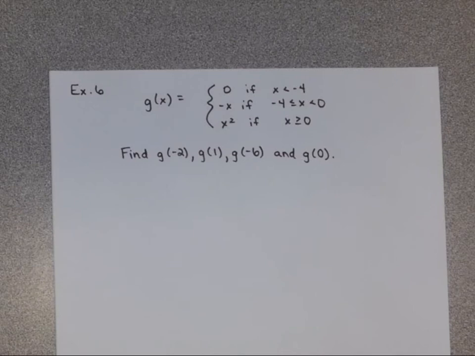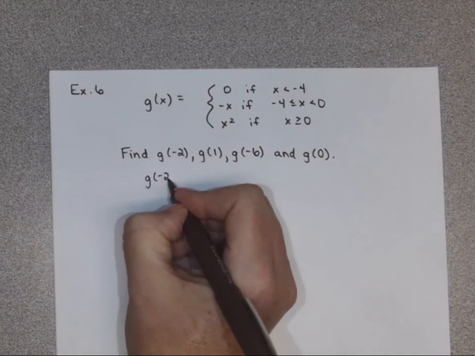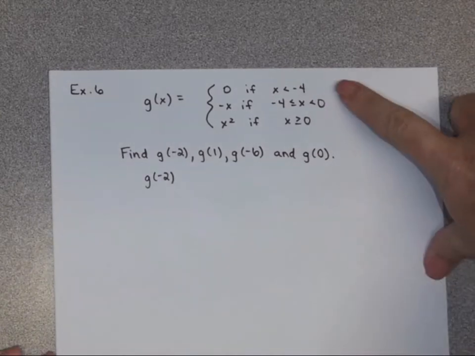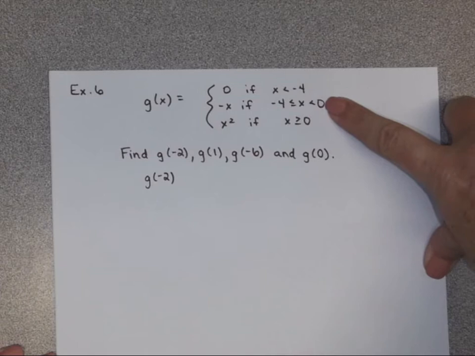So again, we never, ever, ever plug these numbers into more than one thing. You need to make the decision on which equation to use before you begin. So for g of -2, you just go down the list, okay? Is -2 less than -4? No, right? -2 is not less than -4. Is it in between -4 and 0? It is, right?